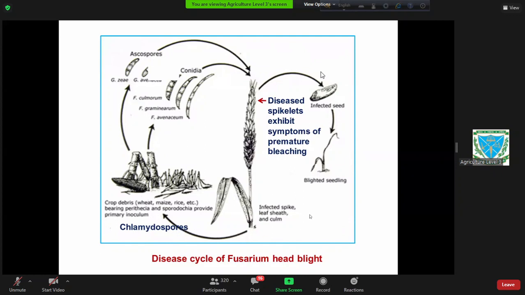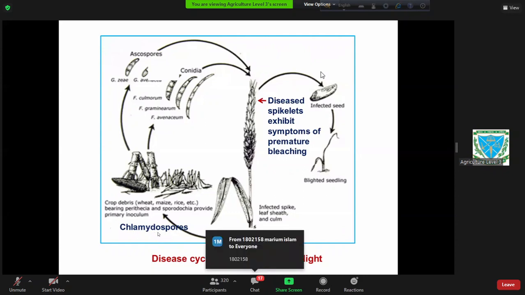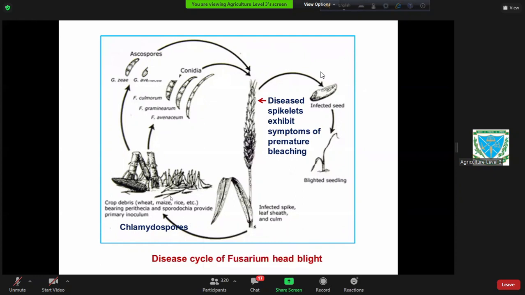So you see how this pathogen fusarium can complete its life cycle. You see, this pathogen can produce chlamydospore. You see the chlamydospores. This can produce on the wheat, maize, and rice, etc. তারা এগুলি প্রডিউস করে অথবা পেরিথেসিয়া আকারে থাকে। এখন কথা হচ্ছে, when these pathogens survive on these residues, they produce two types of things.